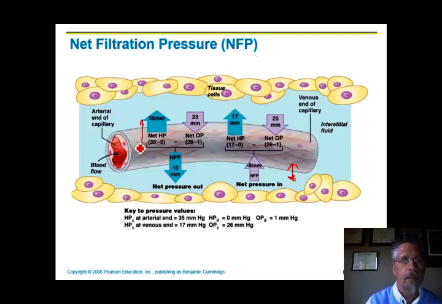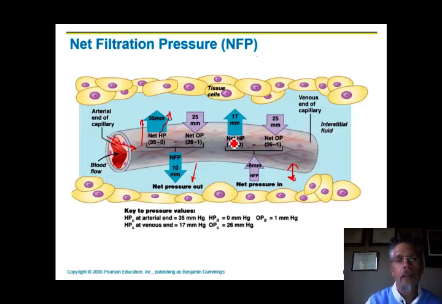At the beginning of the capillary, we've got a higher amount of blood pressure, hydrostatic pressure, that really is winning this tug of war between opposing pressures, giving us a net movement out into the surrounding tissues, like you see here. But remember that as we drag along the vessels, there's going to be that resistance, and that's going to be taking this blood pressure down. We're also getting further away from the heart.